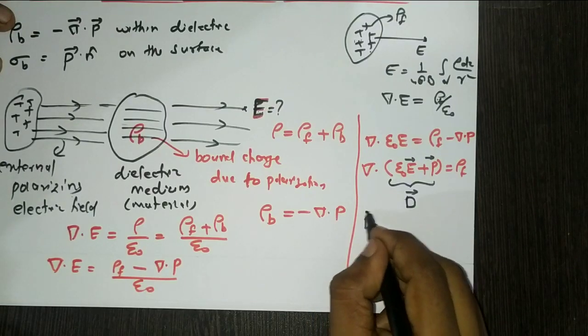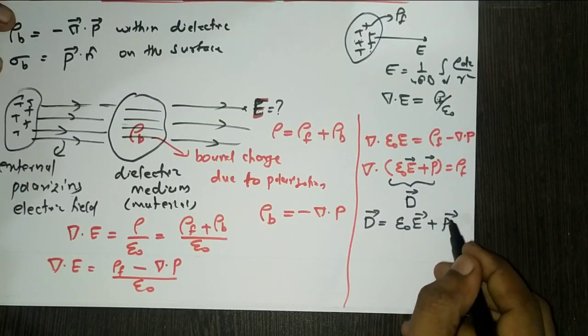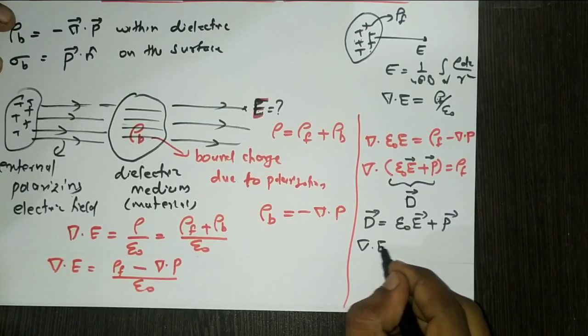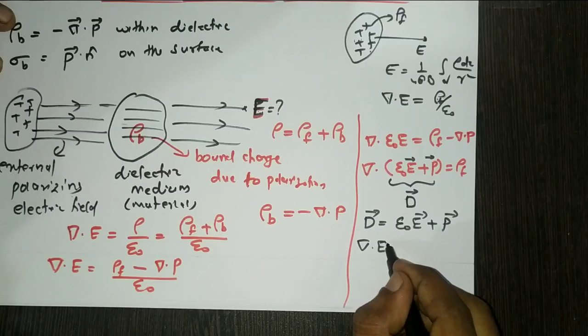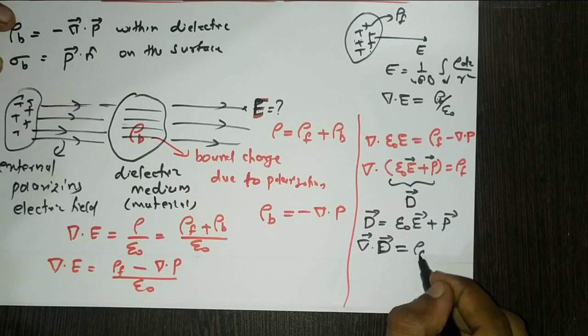That is, D can be written as epsilon 0 E plus P. Therefore, the divergence equation can be written as del dot D is equal to rho f.